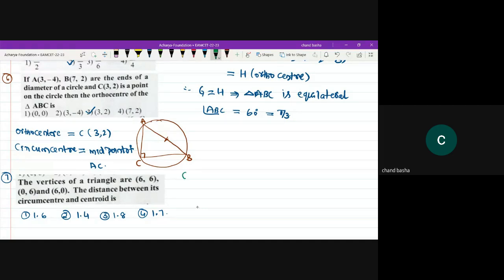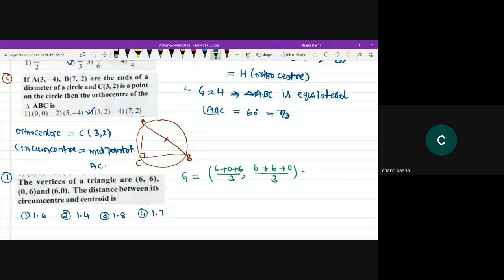The centroid G is equal to 6 plus 0 plus 6 divided by 3, next 6 plus 6 plus 0 divided by 3.